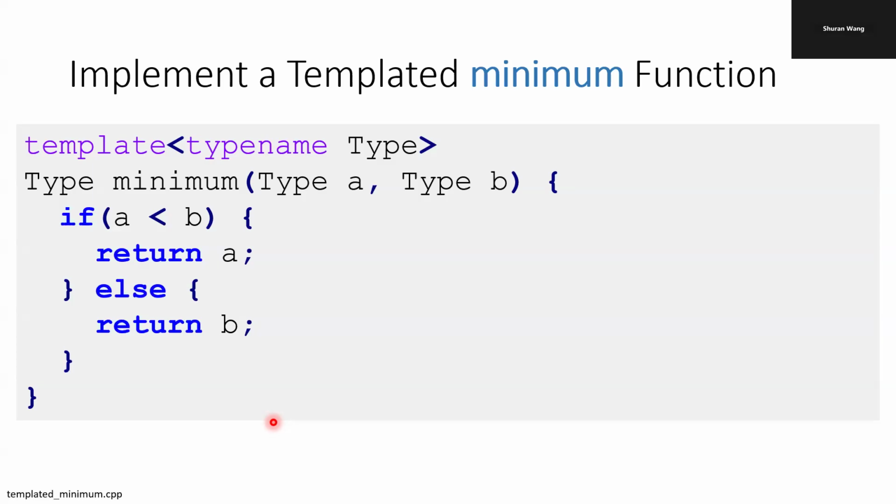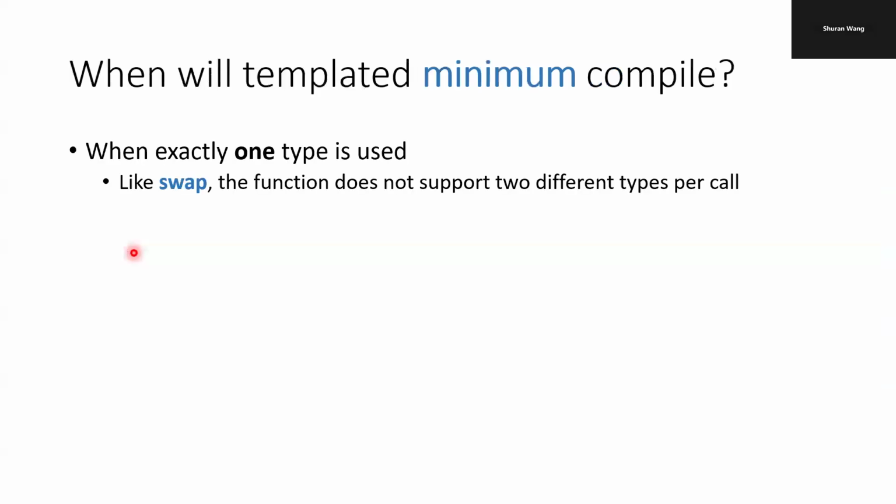And the other case: the type must have the less than operator defined because it's being used here for comparison.